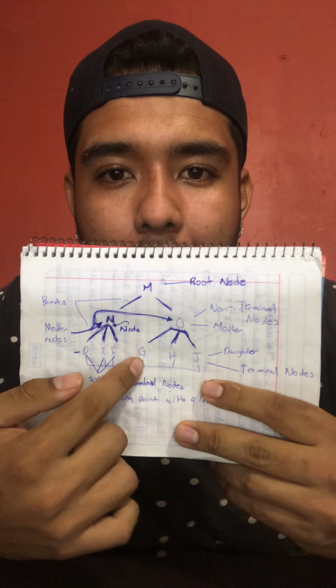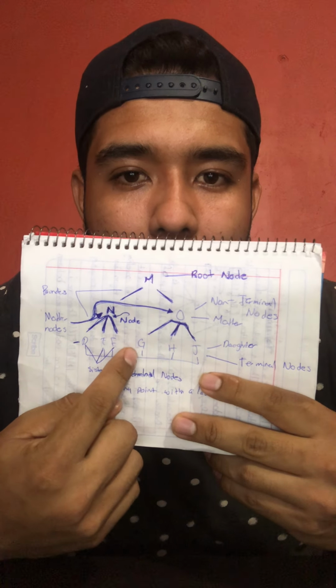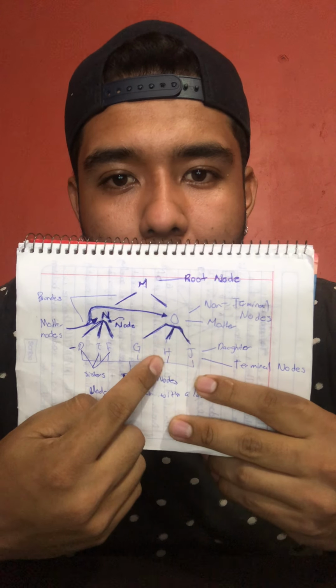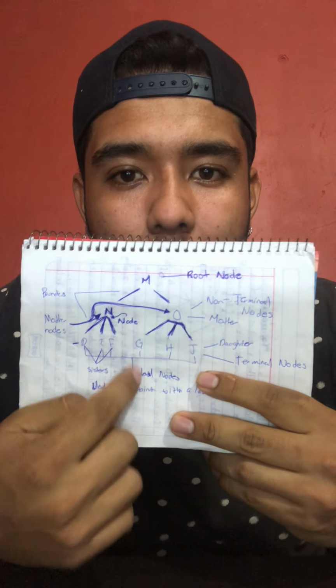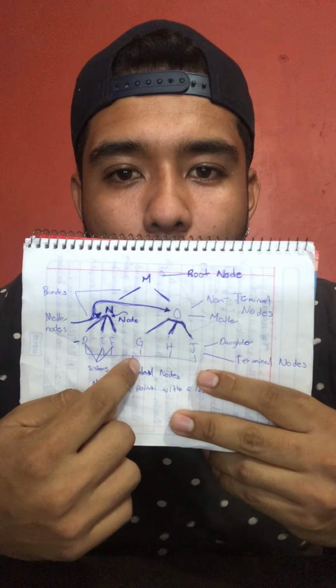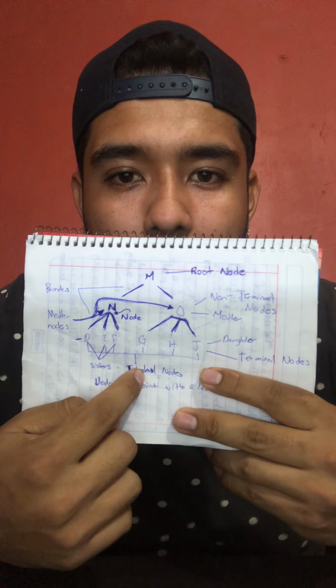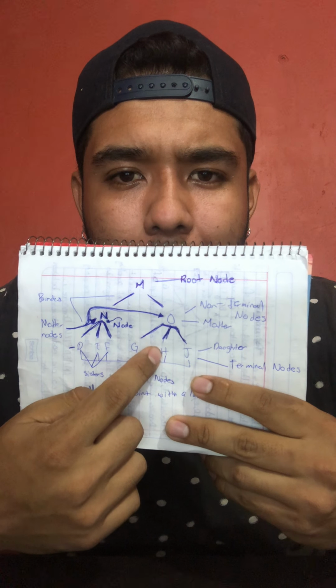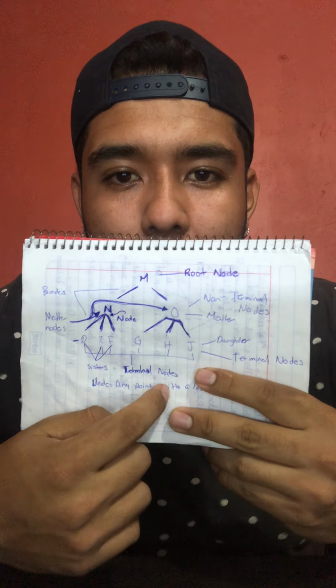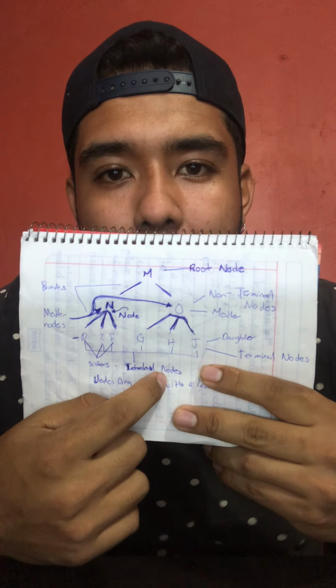It's not the same case as the letters G and H, because the letter G does not have any node below it, and the letter H neither.